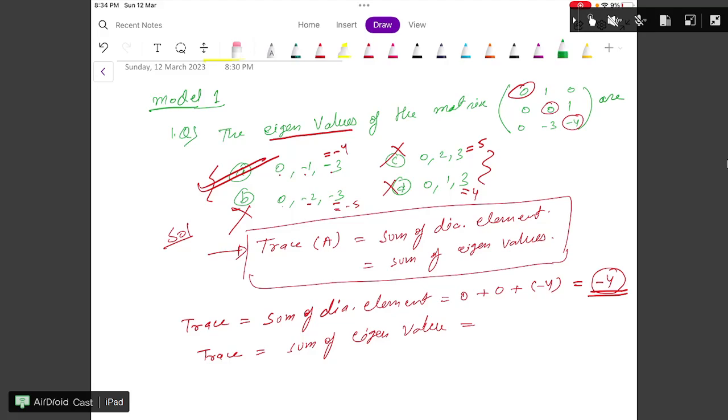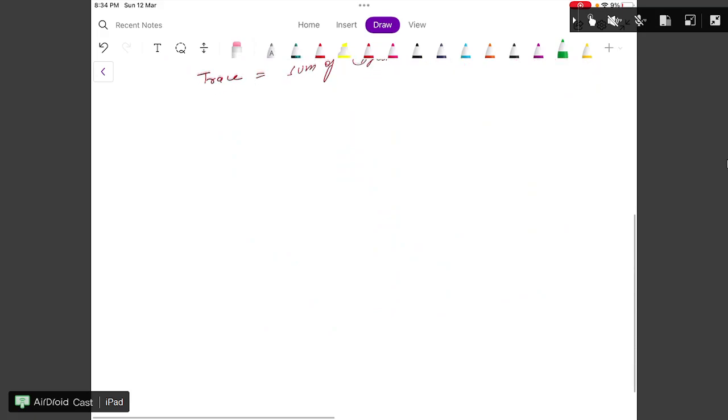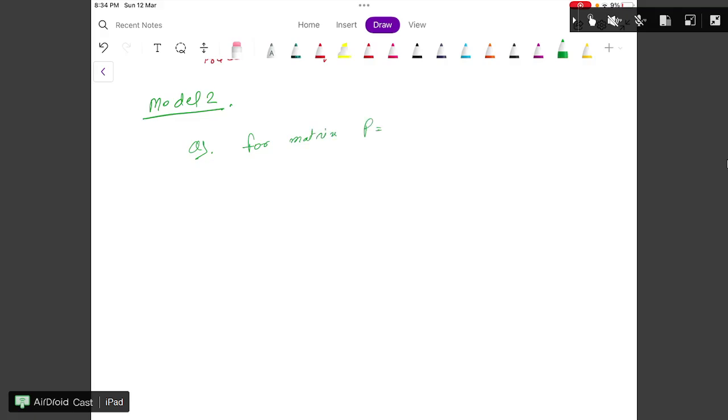Now taking up problem model 2. The question for this problem model is, for matrix P, the given matrix is 3 minus 2 2, 0 minus 2 1, and 0 0 1.